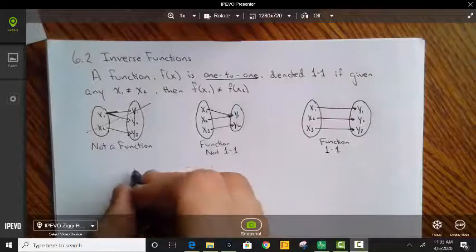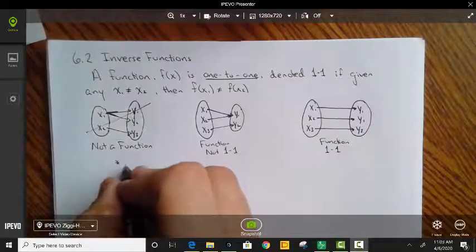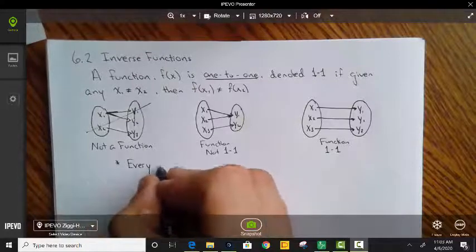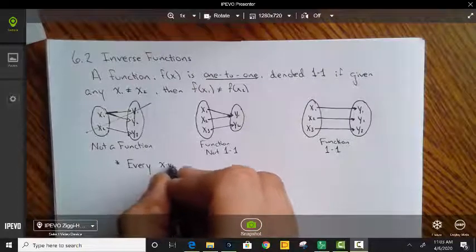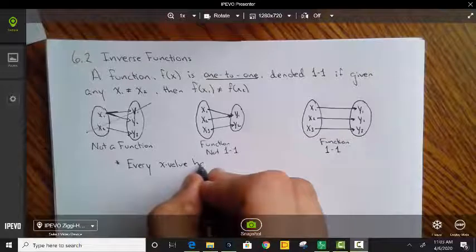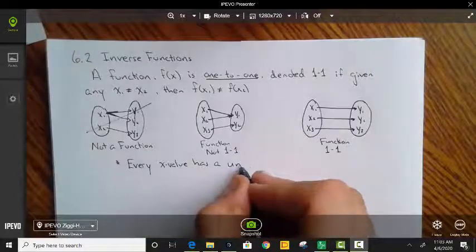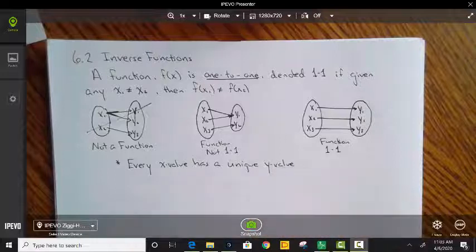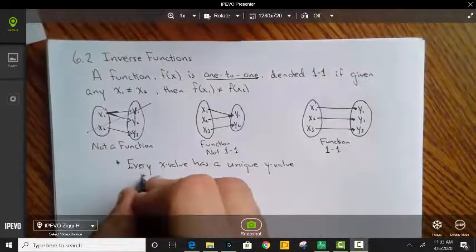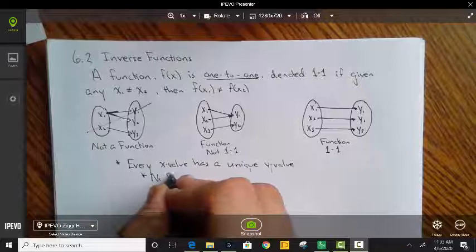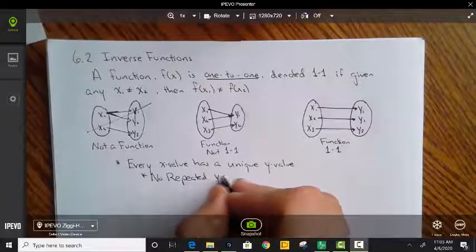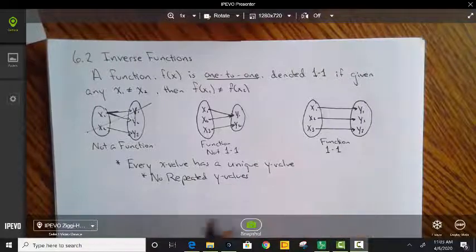A few things to pull from this: for a function to be one-to-one, every x value has a unique y value, so it's not shared with any other one. And the fact that it's not shared means that we have no repeated y values.